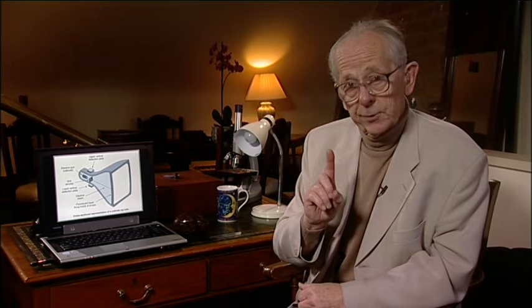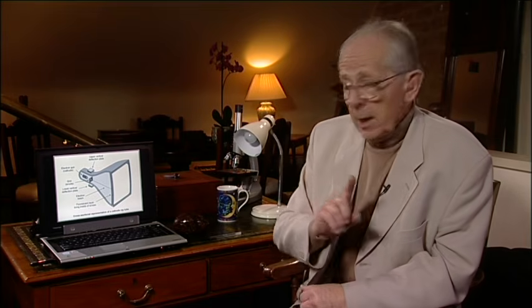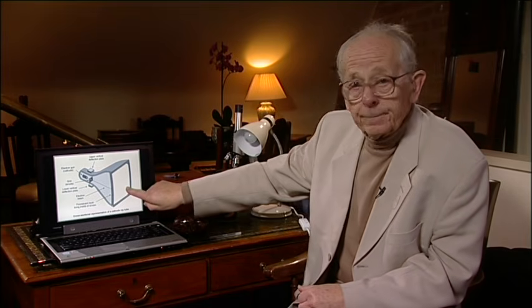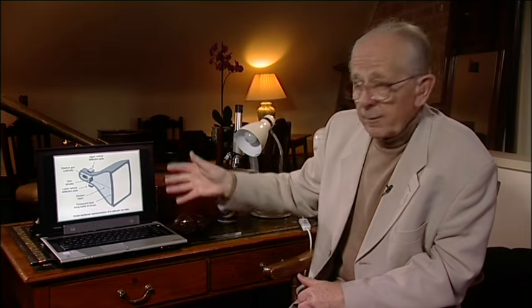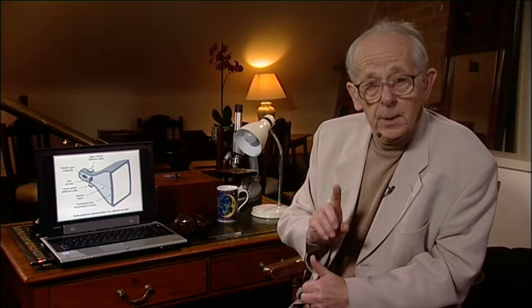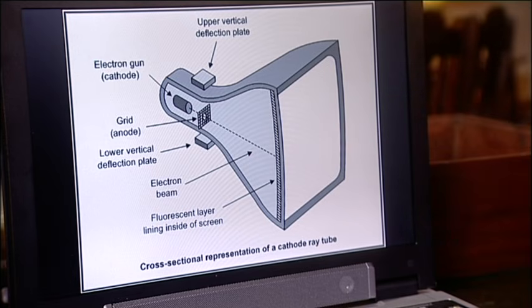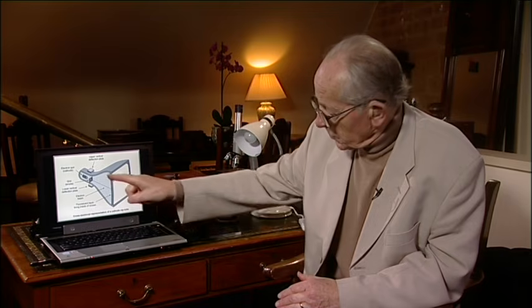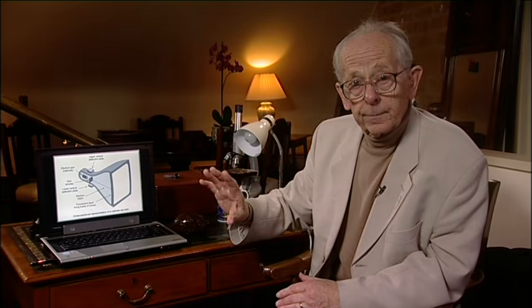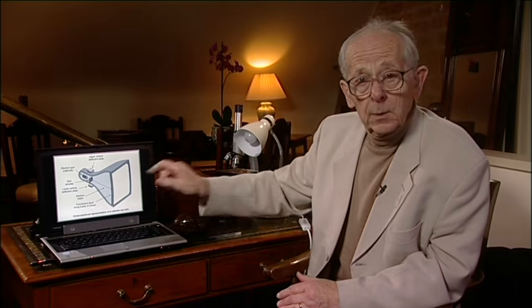Or alternatively, we can ask how it interacts when it gets to the screen. How does it give up its energy? Answer, we observe it to give up its energy as dots, tiny particles. Either we're asking how it moves through space or how it interacts when it gets to its destination.